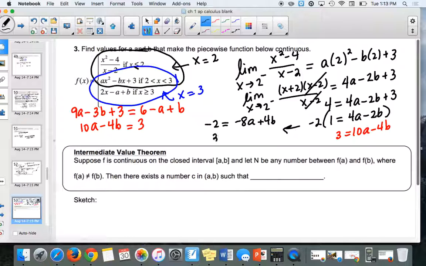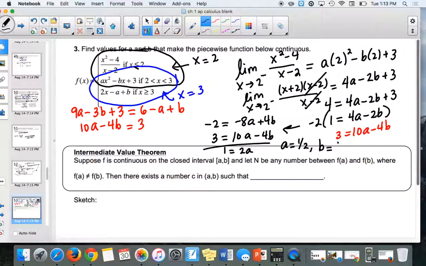And then I'm adding it to 3 equals 10a minus 4b. So when I add straight down, I get 1 equals 2a. So a equals 1/2. And then when you find b, plug it into one of the other ones. So 4 times 1/2 is 2. Subtract it over. So b equals 1/2 as well.